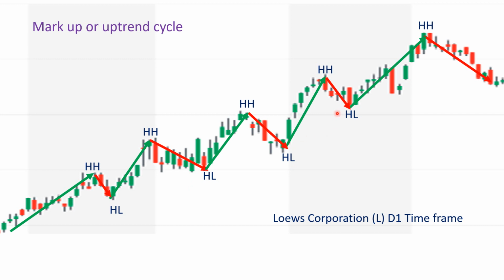This causes an increase in demand or bullish power, and the trend is going up strongly. So that, you see, is a strong uptrend. Uptrend can last anywhere from months or even years.